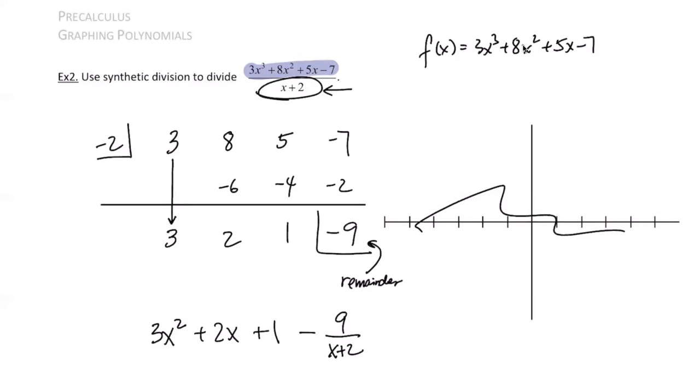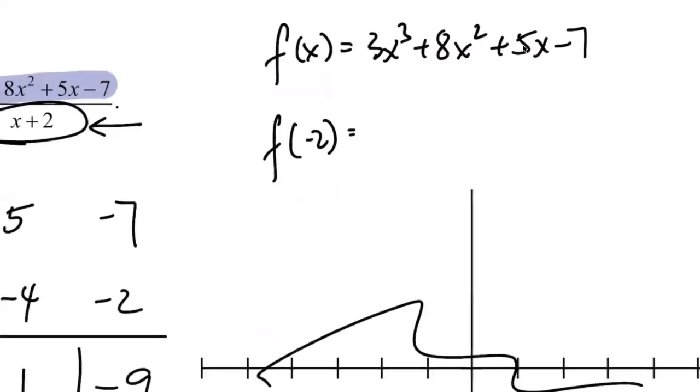Let's consider that as the function. And let's say I'm curious about the x value of -2. If I want to know what the y value of this function is when x is equal to -2, usually what you would do is substitute, right?